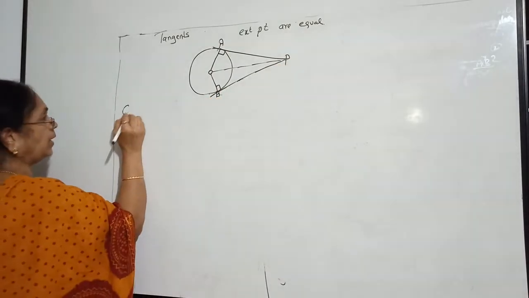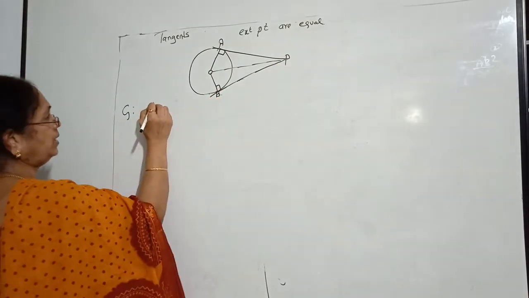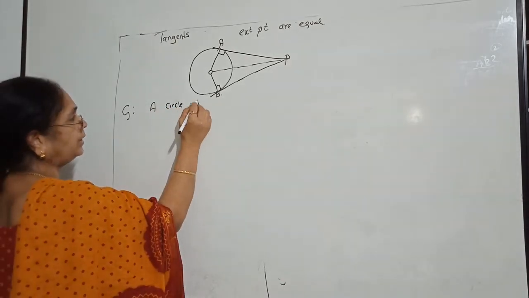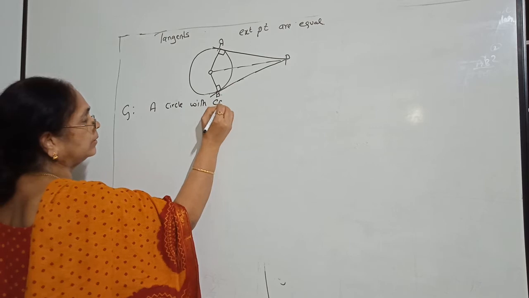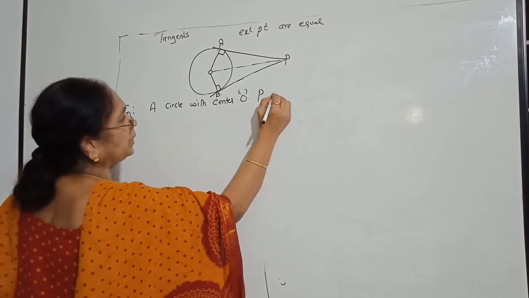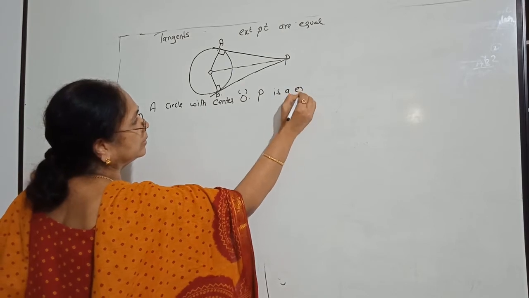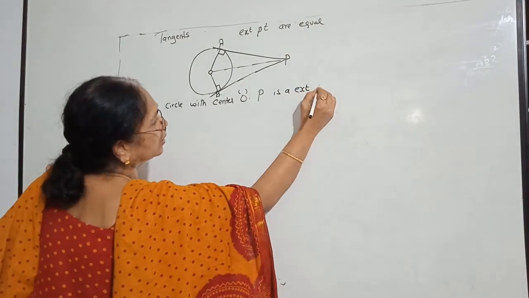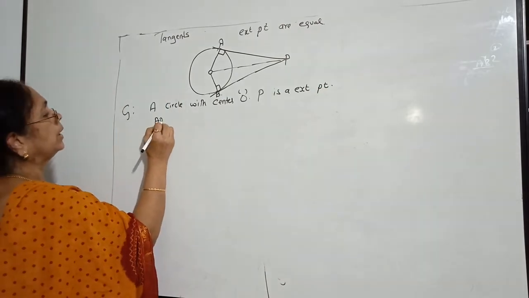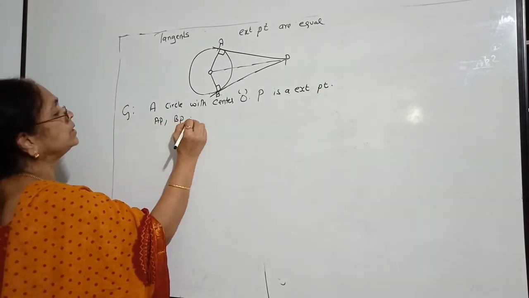So what is given to you? Given: circle with center O, and P is an external point. AP and BP are the tangents.